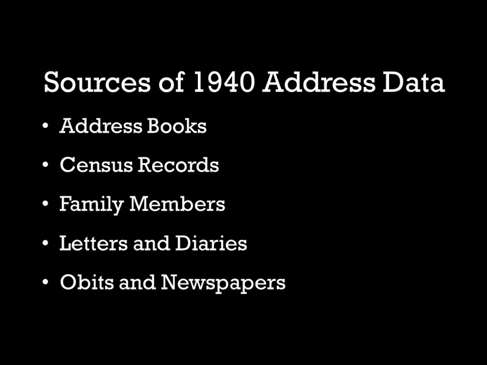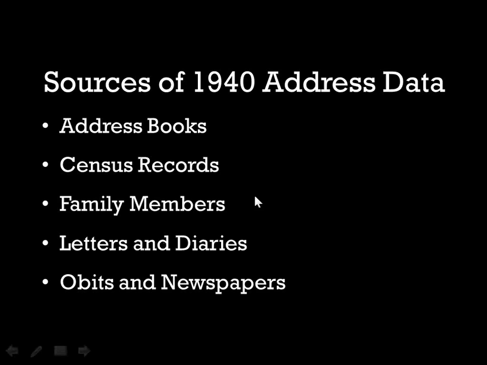Address books. Family has any old address books sitting around? Good source. Census records. The 1930 census may have the address given that your family didn't move, but also keep in mind we're talking a great migration period during the Great Depression to look for employment. So it's likely that they may have moved, and you may not find the information you need.